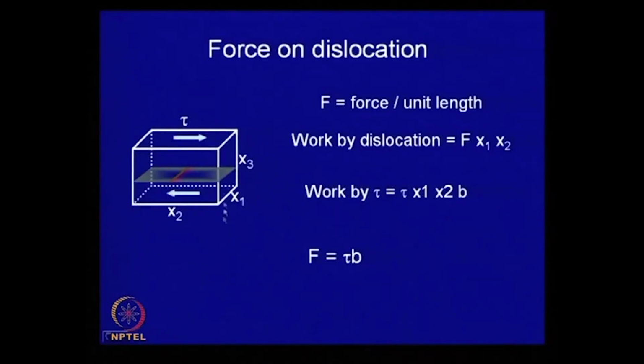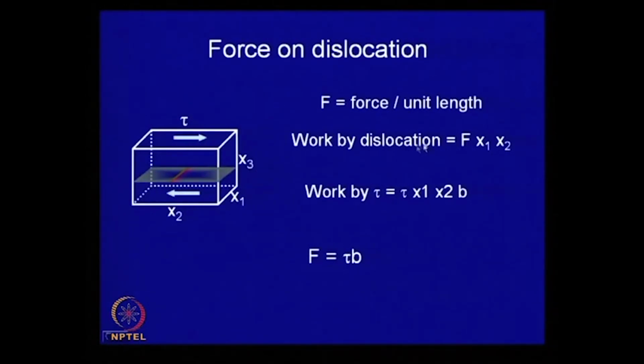Here is a crystal, we have applied shear stress tau here, and this is a slip plane on which you have a dislocation. This red line represents a dislocation. Let us say the force per unit length of the dislocation acting on the dislocation is F. We can try to find out the force required to move the dislocation over the slip plane, maybe from here to here.